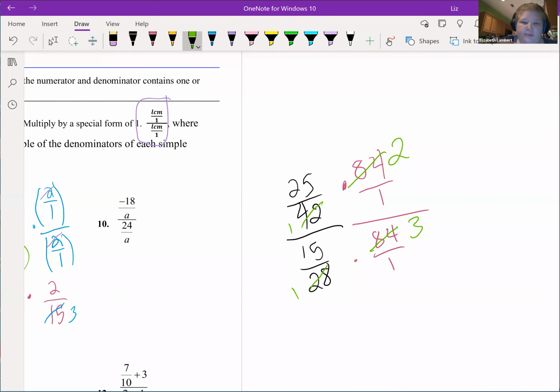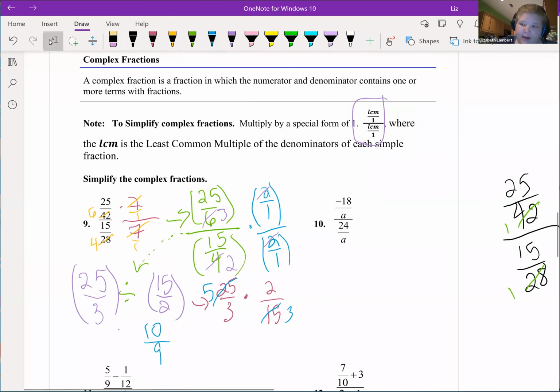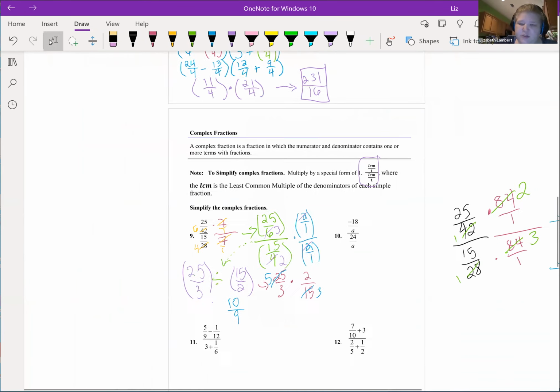So this now becomes 50 over, and then 15, 1's on the bottom, times 3 is 45. Both of those are divisible by 5. So this reduces to 10/9. 10/9. Now let me zoom out a bit.